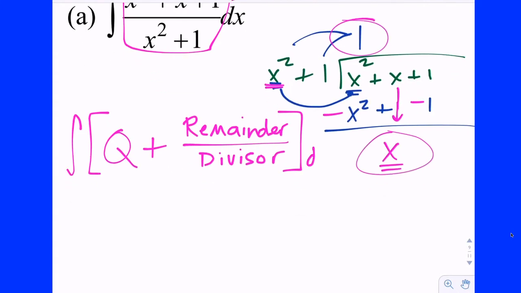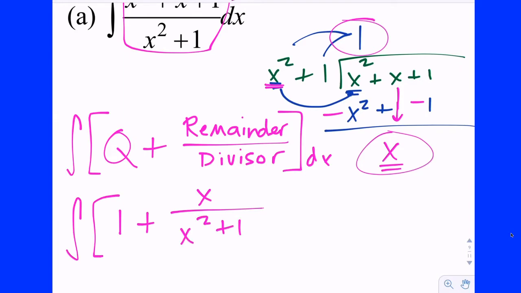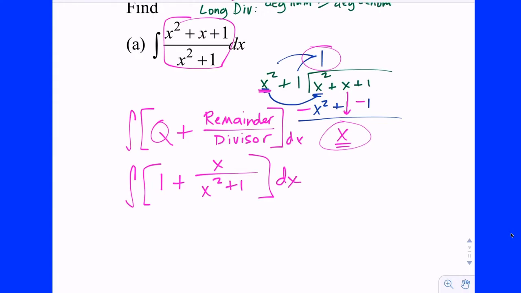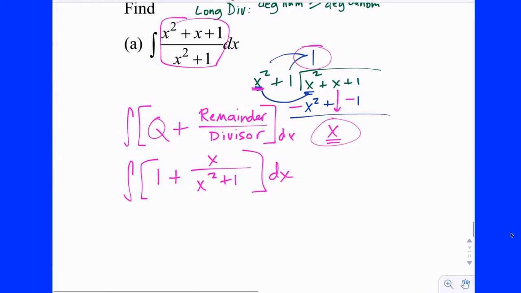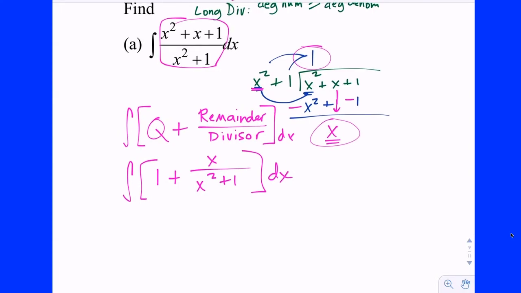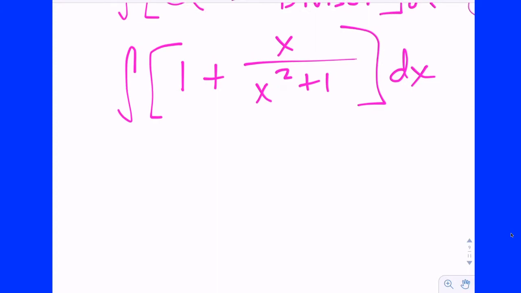So for us, that means we can rewrite the original problem as 1 plus x over x squared plus 1. And there you go. It's the exact same problem. So notice now, instead of splitting it up in the beginning, where we had 3 terms, the second 2 of which we recognized, we only have 2 terms. It's actually going to be less work.